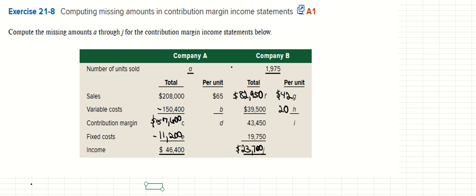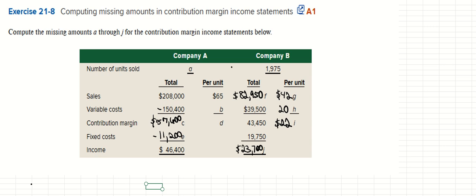For the contribution margin, I'm going to take $42, which is the sales per unit, and subtract out the $20, which is the variable cost per unit. That gives me $22 per unit for contribution margin. That's one way to get the contribution margin.